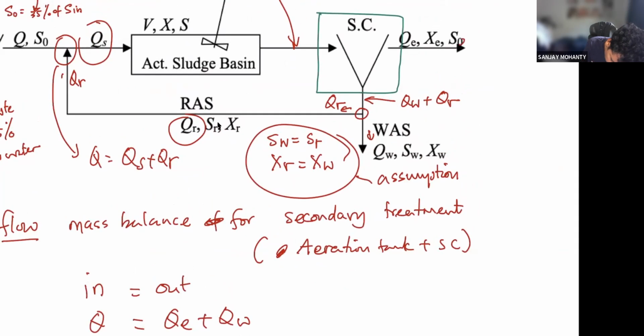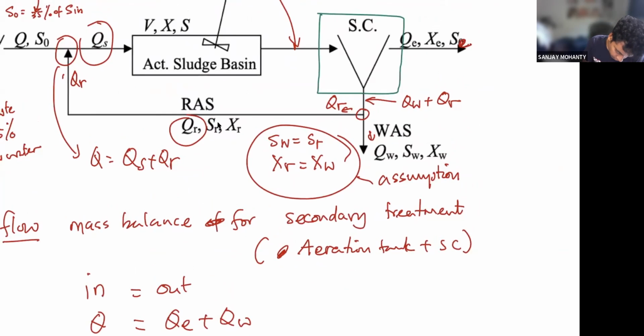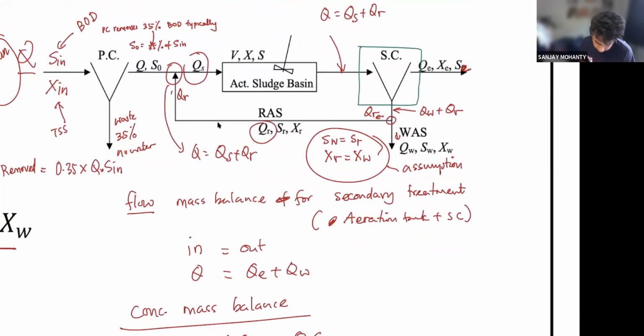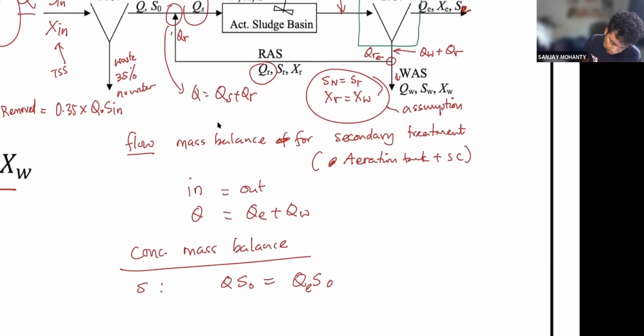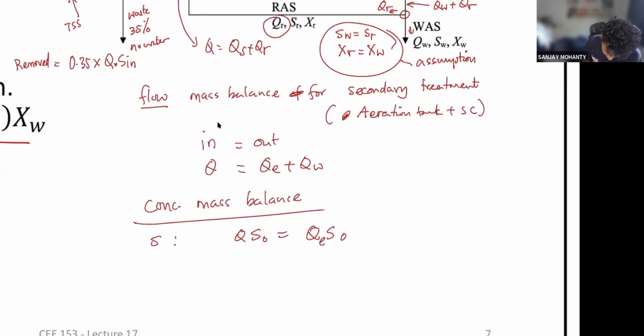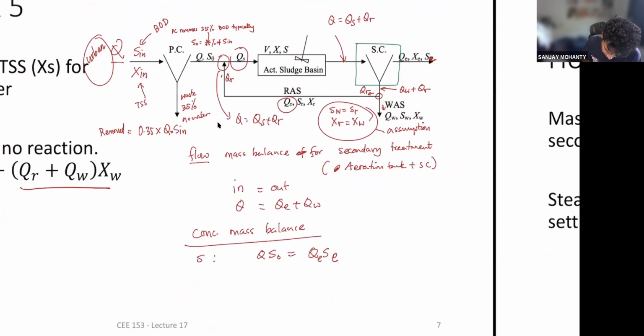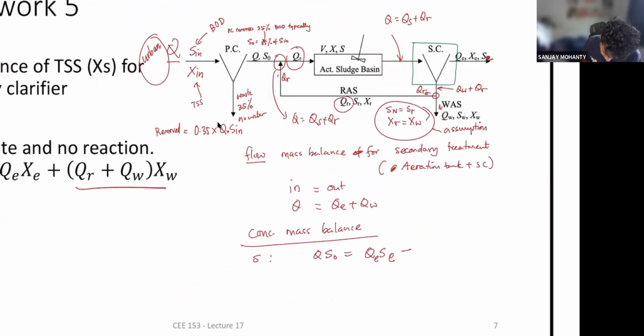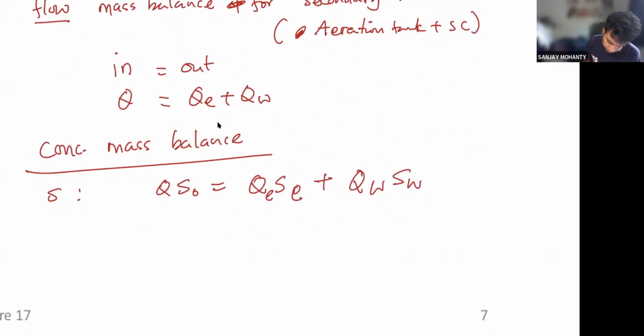This is not S0, it has to be SE, because S0 is the concentration before treatment. The notation is missing. So this is QE SE plus QW times SW.